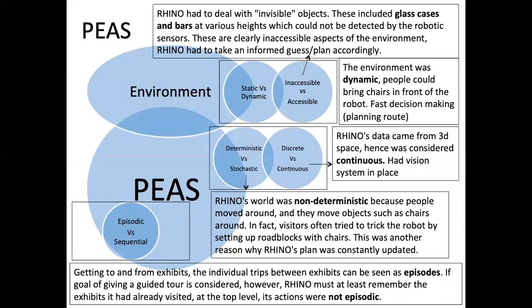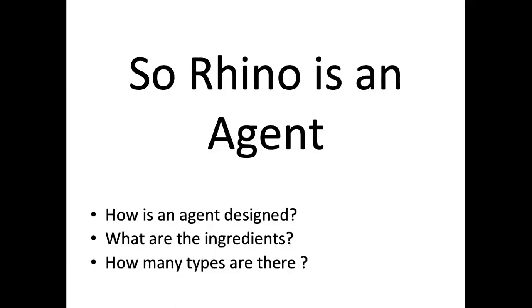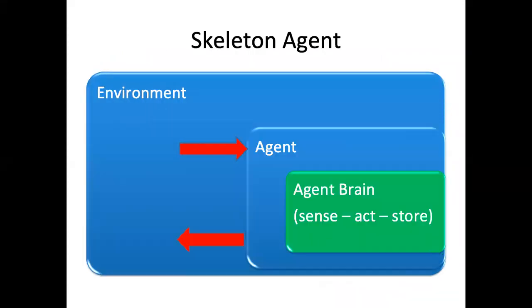So at the top level we'll say that it's non-episodic, but at the lower level it would be episodic in nature. So before we move on, let's just try to see, if you want to program an agent, what would be the program, or what would the agent world look like.